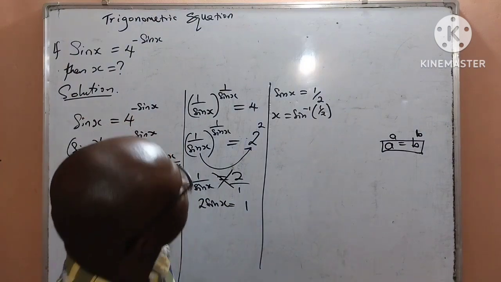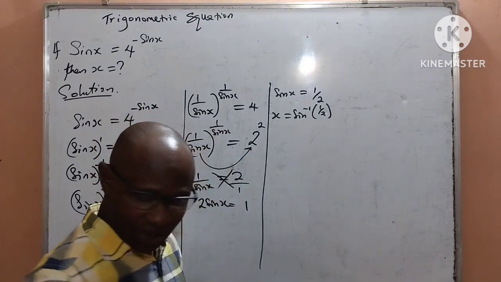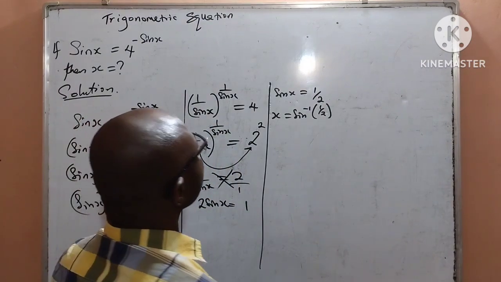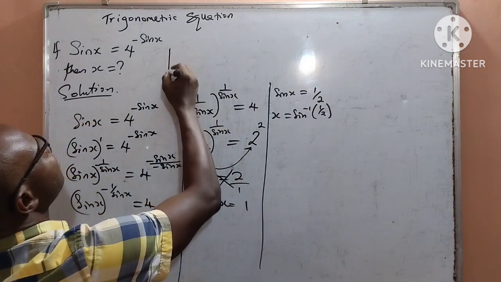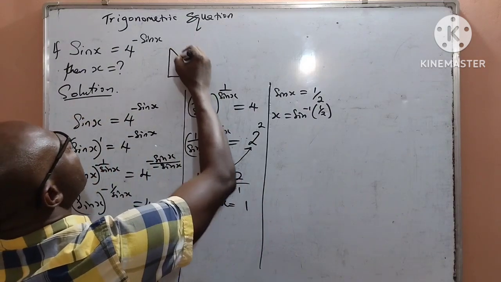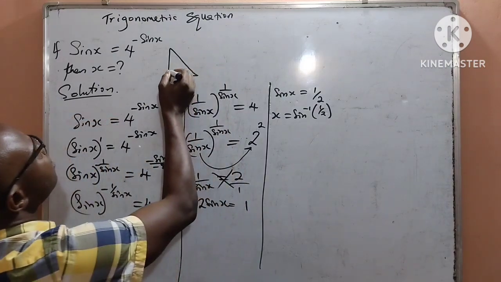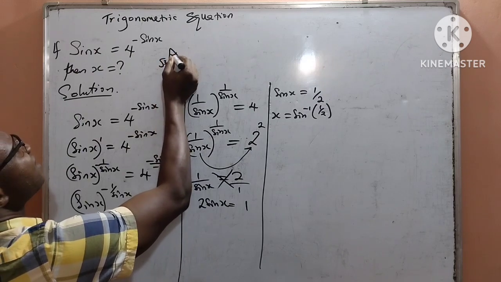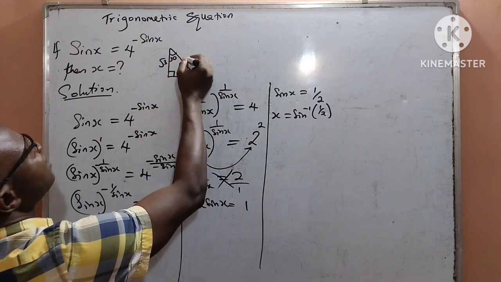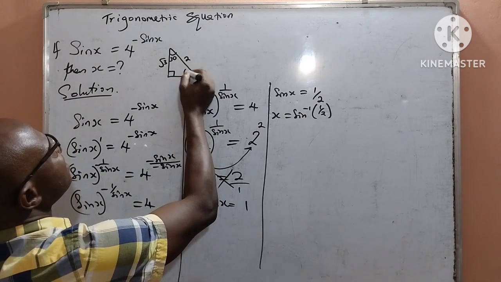Very good. Therefore, sine inverse of 1 over 2 is going to give me 30, because if I have a triangle like this, which is a right angle triangle, this side is root 3, here is angle 30, here is 2, this side is 1, and this is now 60.